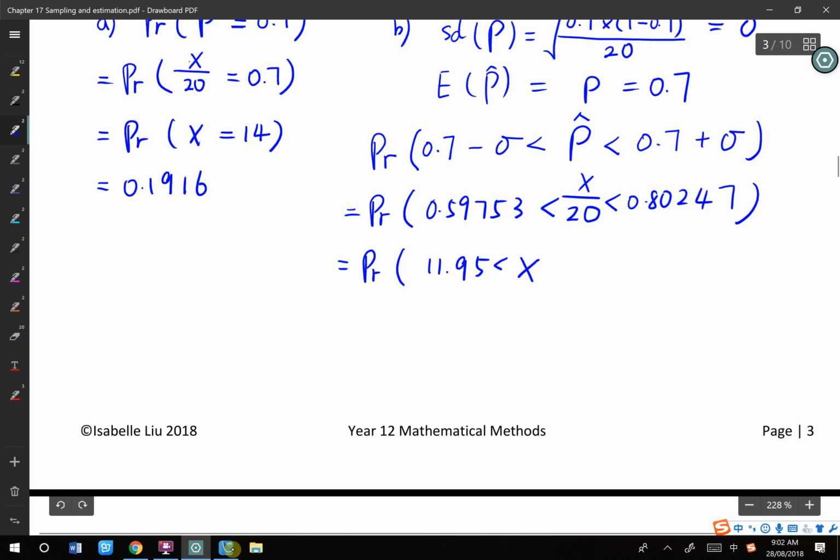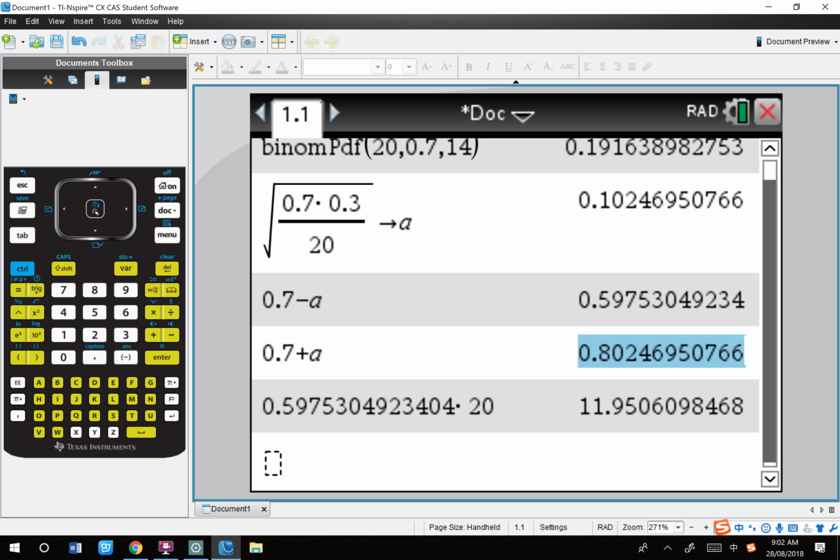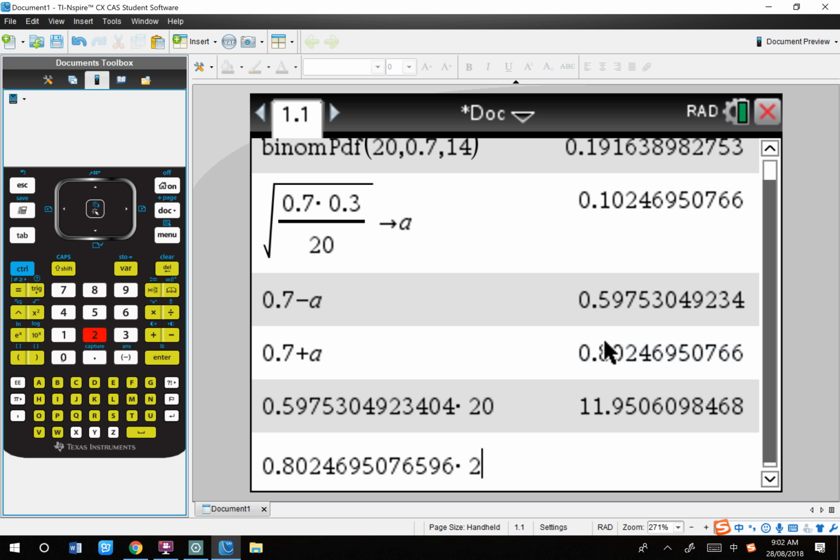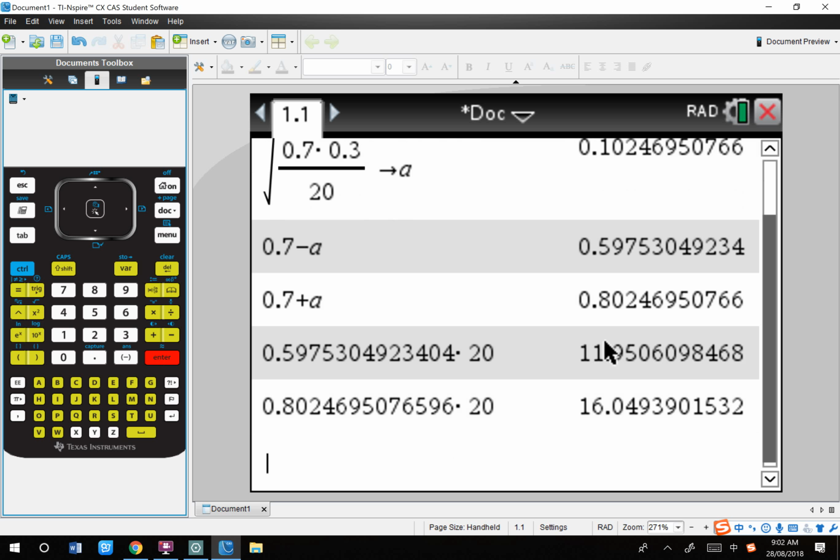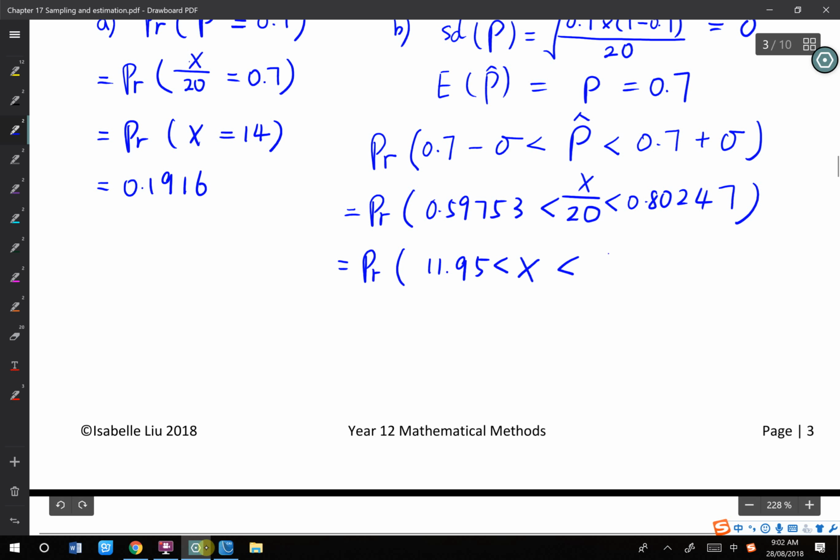That's x. And this number times 20 gives 16.049, or you can say 16.05, it doesn't really matter. Just round it to some decimals. Do not just round to integers.